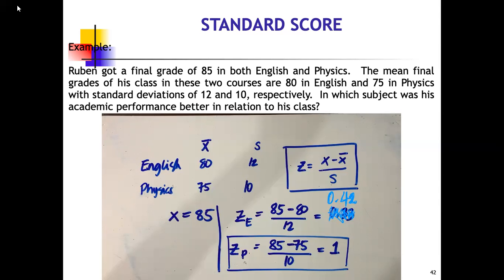So even though his grades in English and physics are the same, by computing the z-score, when we standardize the score, we find that his performance in physics is actually better than in English, because his grade of 85 in physics is 1 standard deviation above the mean, compared to his grade of 85 in English. I hope that's clear.